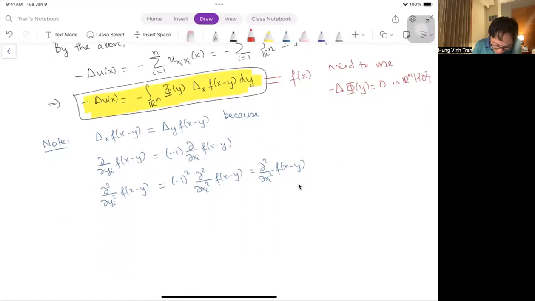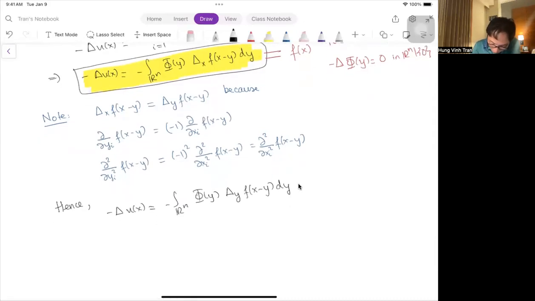Anyway, let's write that slowly. So hence by this point we have minus Laplacian of u at x equals minus the integral in R^n of phi of y times Laplacian in y of f(x minus y) dy. Okay, now this is normal.